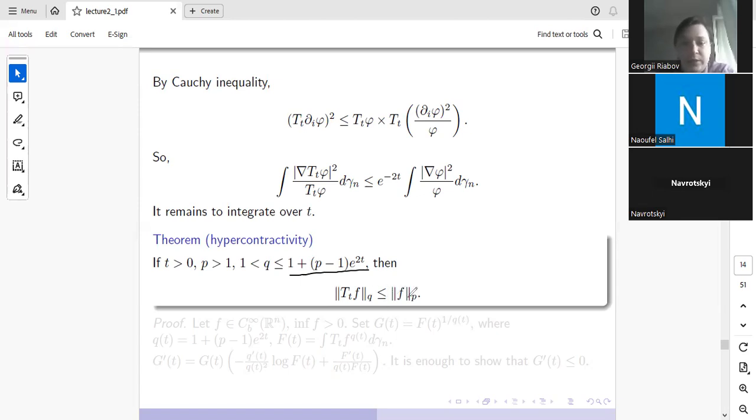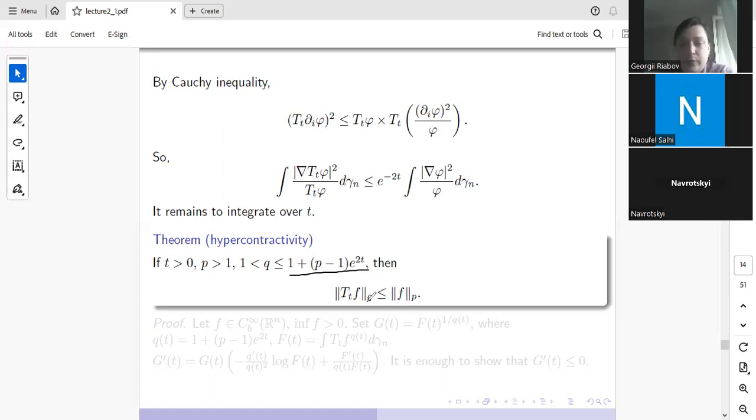It turns out that if the function f belongs to L^p, then the action of the Ornstein-Uhlenbeck semigroup on this function sends it into L^q. And note that q can be bigger than p.